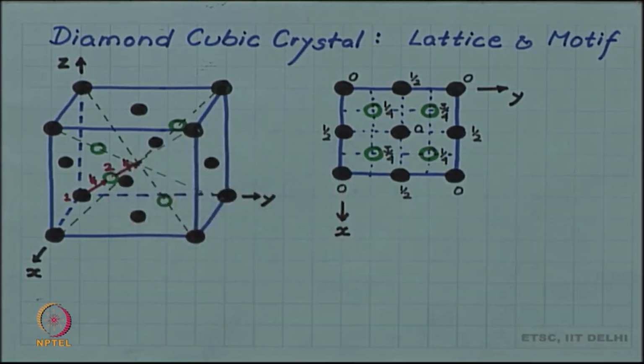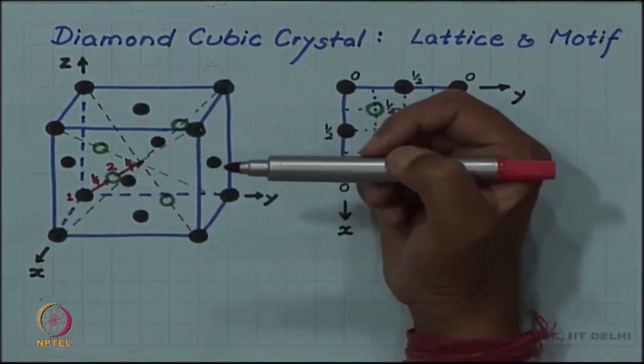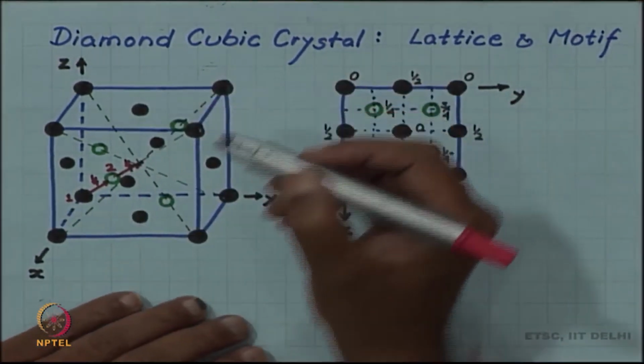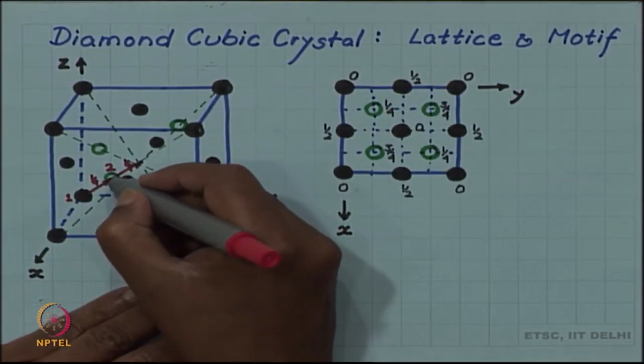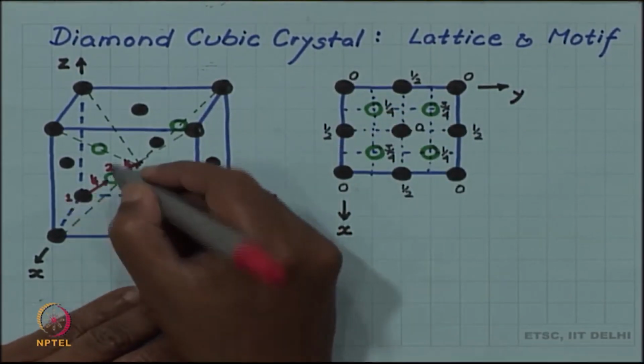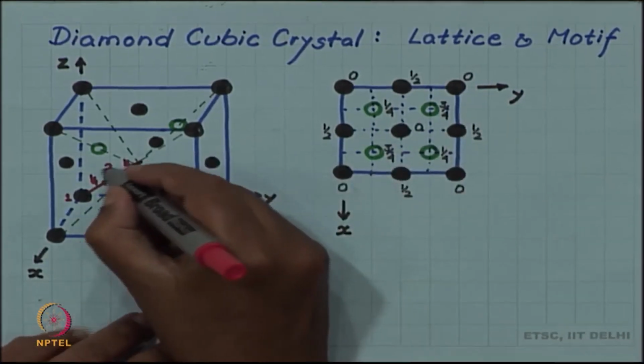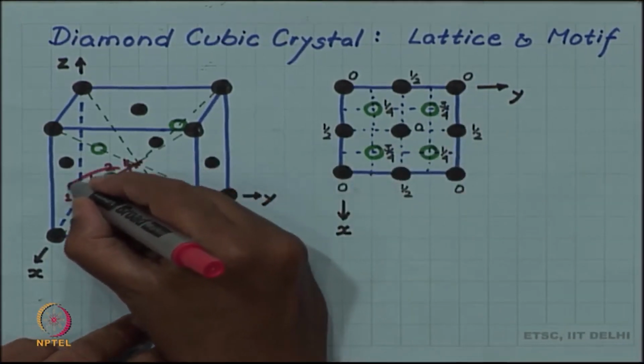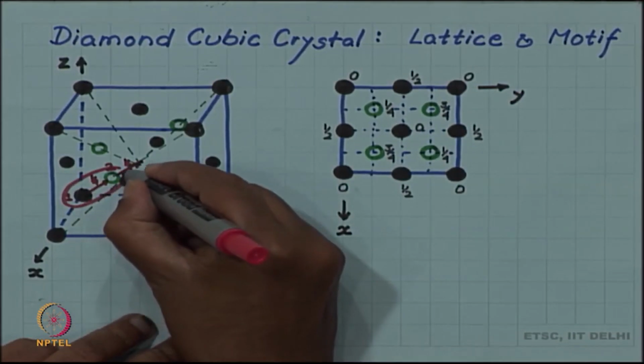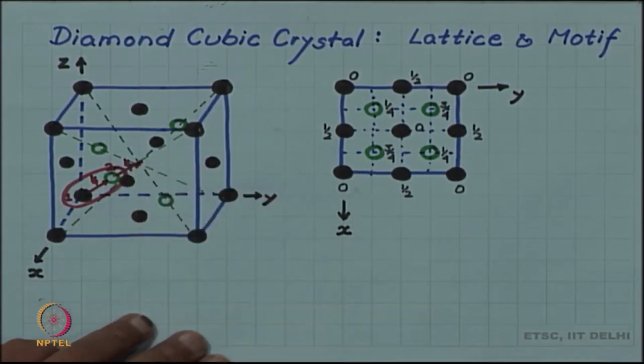So, what we have to do is to associate 2 to the lattice point. So, our motif should at least be 2 atoms, 2 has to be associated to the lattice point at 1.